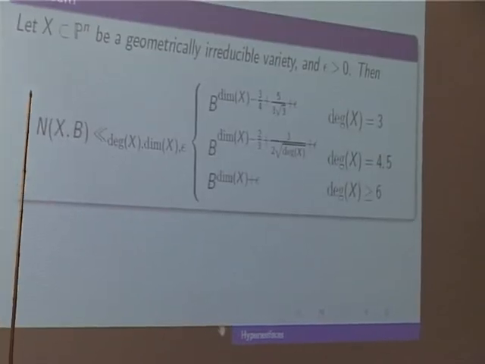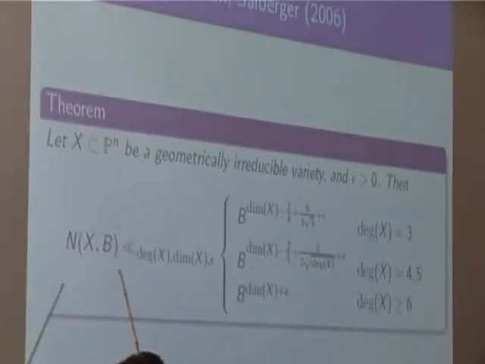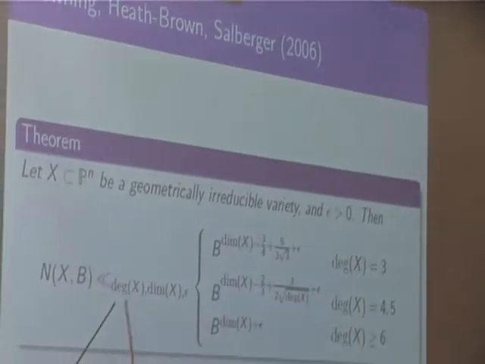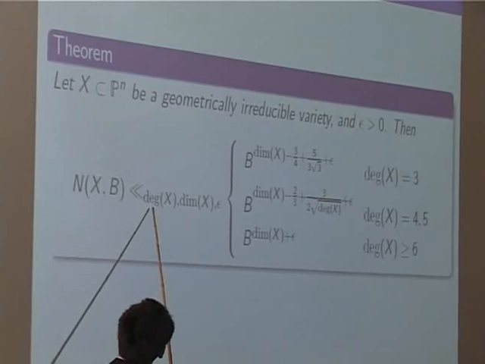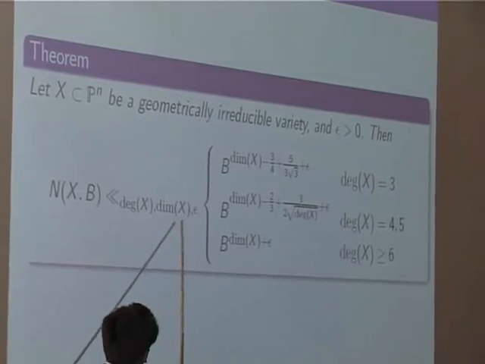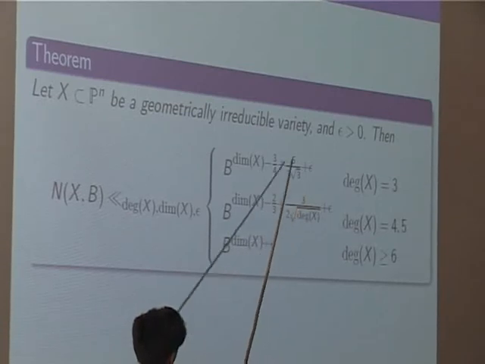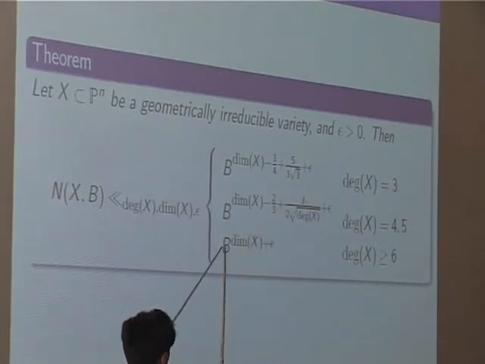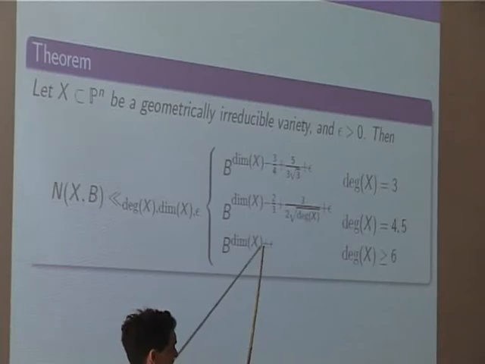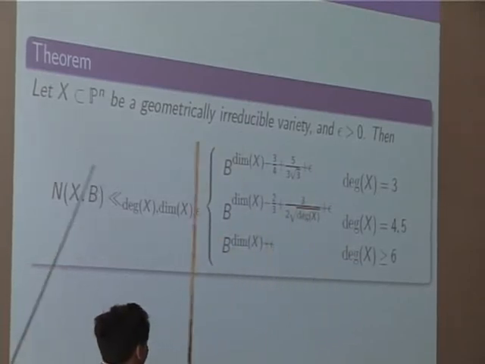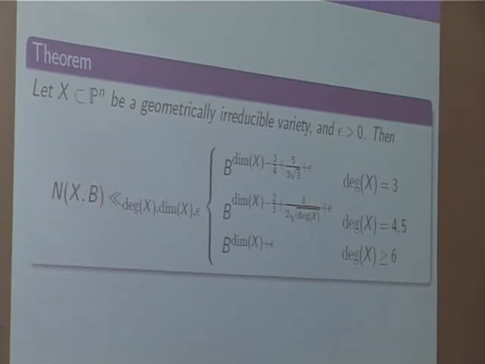You can push these things using sophisticated fibration methods to prove uniform bounds depending on degree, dimension, and epsilon. It's still not very good here, but here it's down to dimension plus epsilon rather than dimension plus delta, 1 over the degree, for larger degrees. So that's what I wanted to put down.